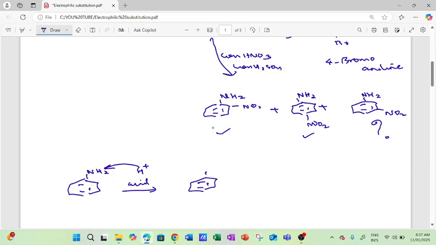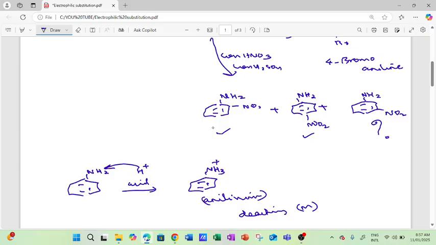So aniline will change into NH3+, the anilinium ion, and the anilinium ion is a strong deactivating group. Deactivating means the one which directs the incoming electrophile into the meta position.